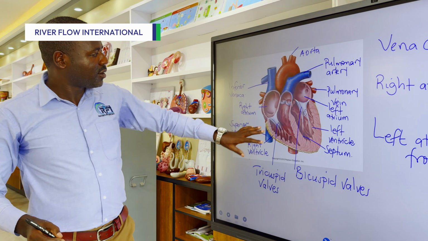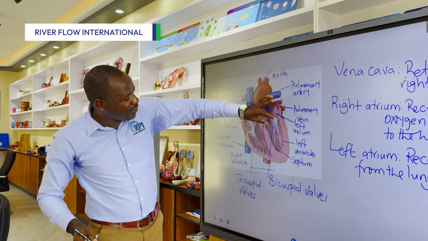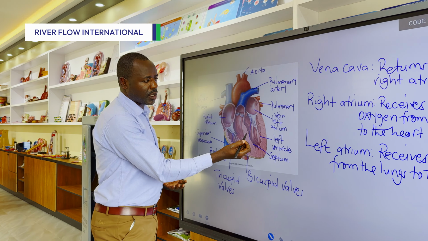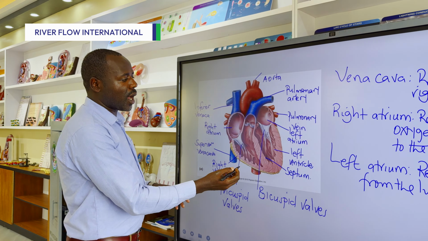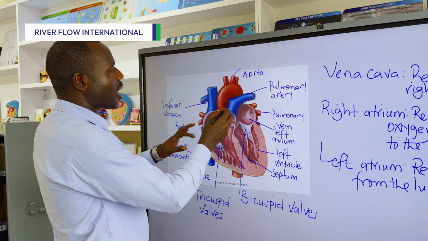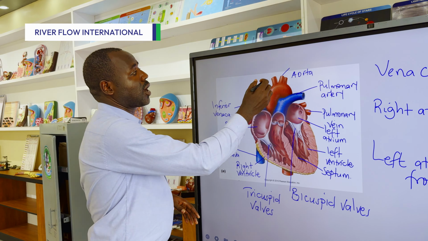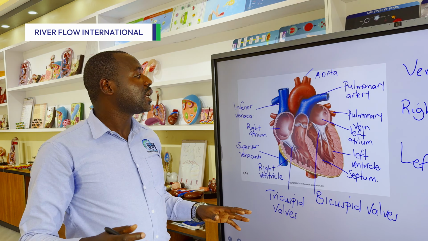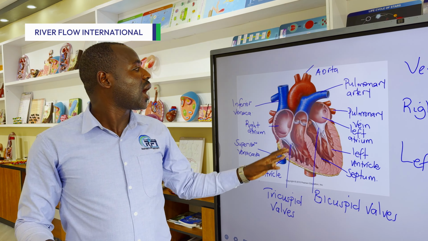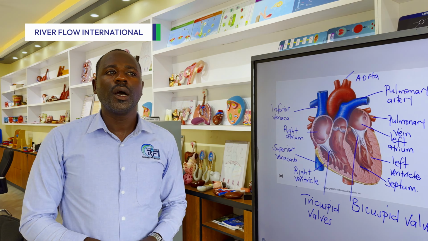So it will pass here from the bicuspid valves to the left ventricle, where it will be pumped via the aorta to all parts of the body. In other words, the aorta is a blood vessel that takes blood with oxygen from the heart to all parts of the body.